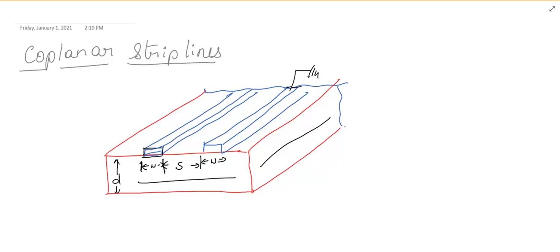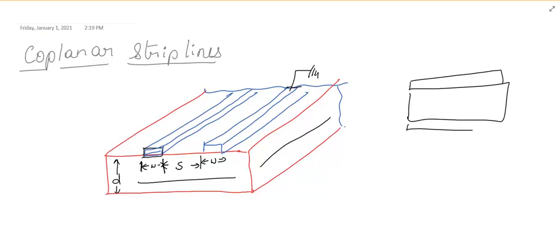What is the benefit of this? Why we need this coplanar strip line is whenever it is our parallel strip line, one strip was on the top and the other strip was on the bottom. Here the shunt connection was difficult, so when it is on the same plane, as in coplanar strip lines, the shunt connection is easy, and this is one of the advantages of coplanar.